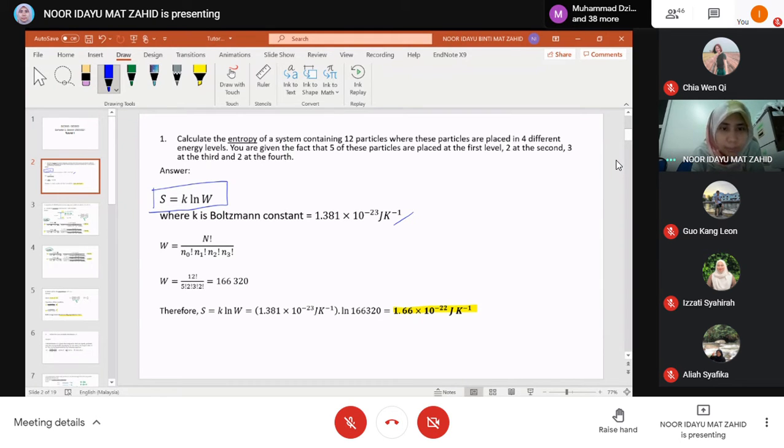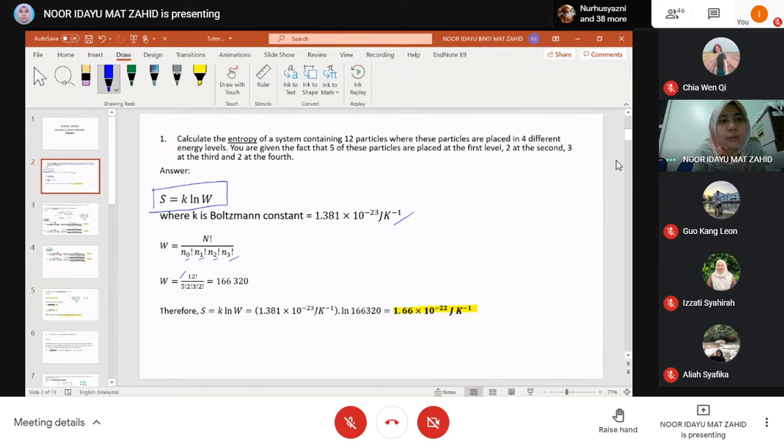So to calculate the number of ways W, it is given by N factorial, where capital N represents the total number of particles. In this case it would be 12, divided by the number of particles occupying the zeroth, first, second, and third energy levels.